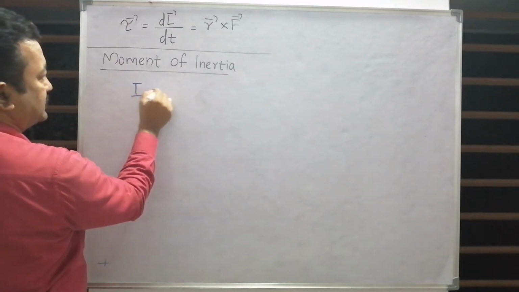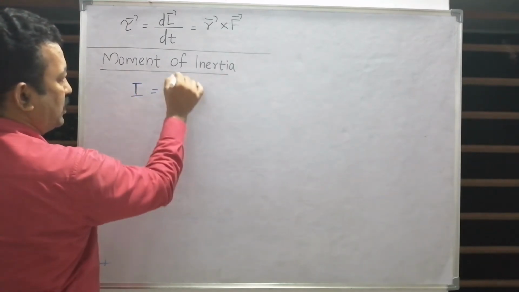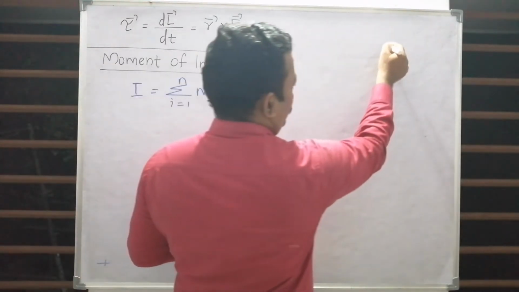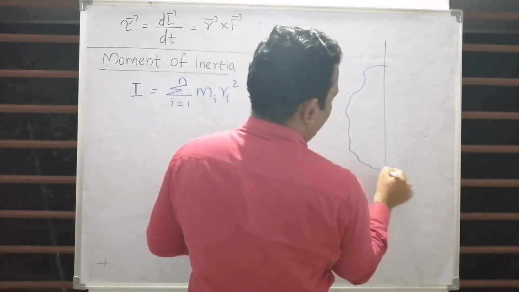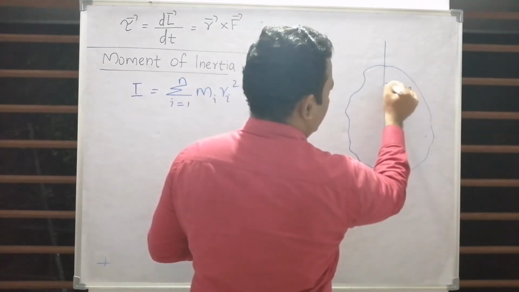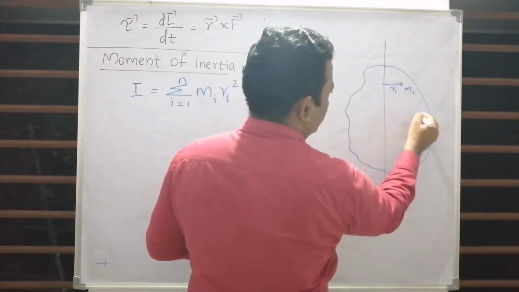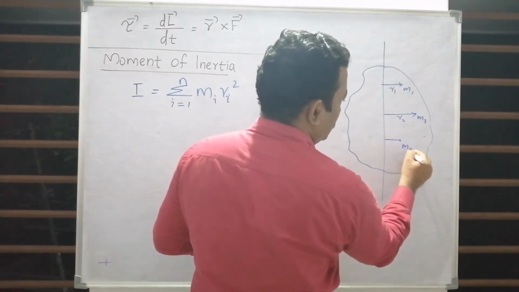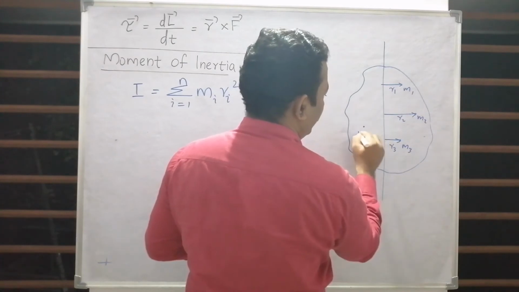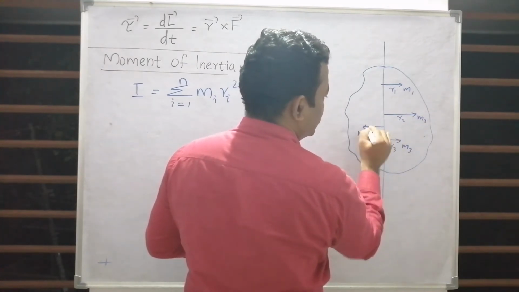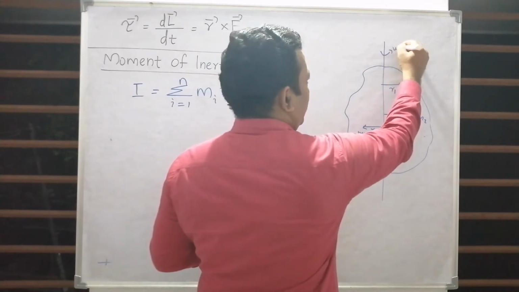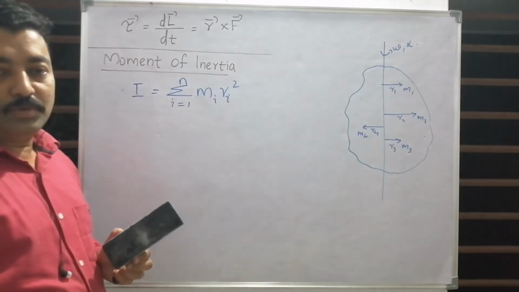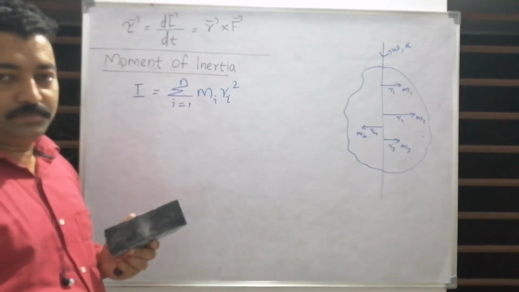The general expression is sigma i = 1 to n mi ri square for a system of, say, m1 at r1, m2 at r2, then m3 at r3, say m4 at r4, etc., rotating with omega and alpha. So this concept helps us to understand the moment of inertia of a system of particles.